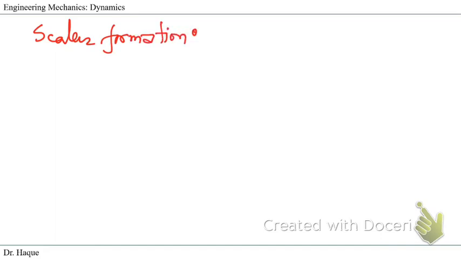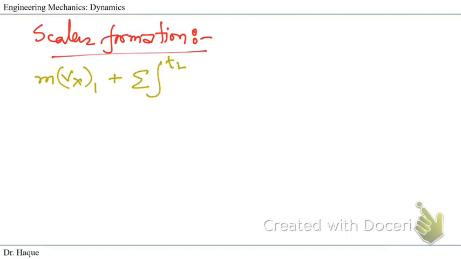Now let's talk about how we can define this equation in scalar form. In the x coordinate, velocity is a vector, so it will have an x component: m vx1 plus the summation of the integral from t1 to t2 of Fx dt equals m vx2.